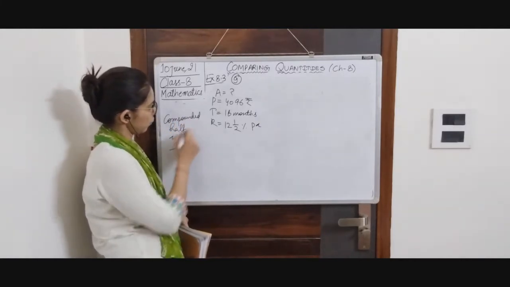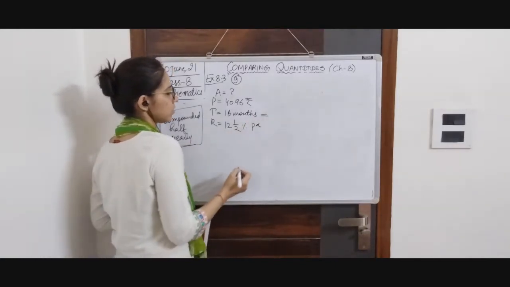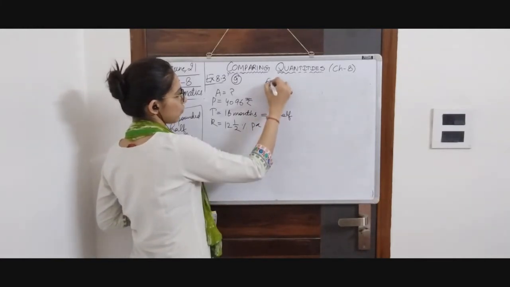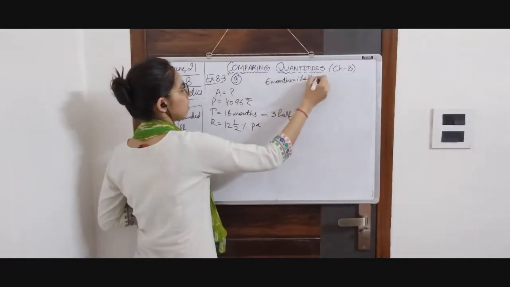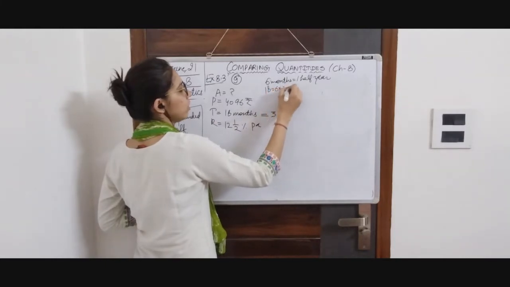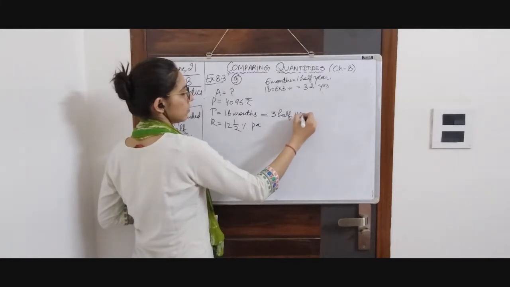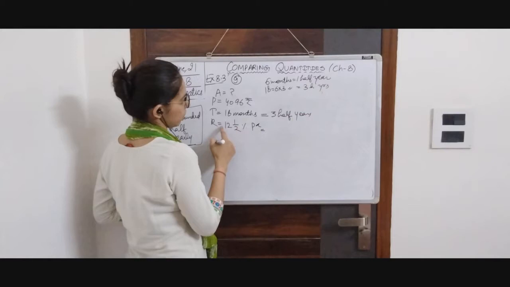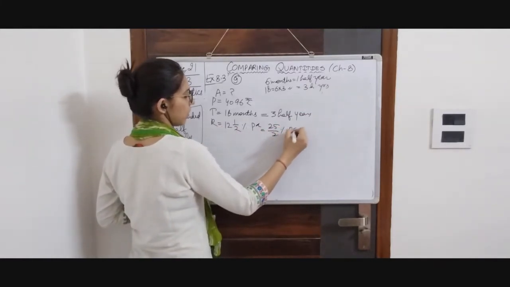It means we have to convert R and T into half years. 18 months means 3 half years, because 6 months is equal to 1 half year. It means 18, which is equal to 6 into 3 months, will be 3 half years. The rate is 12 and 1 by 2, which is 25 by 2% per annum.